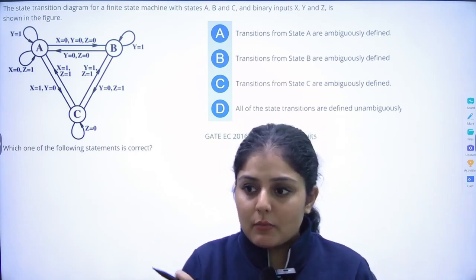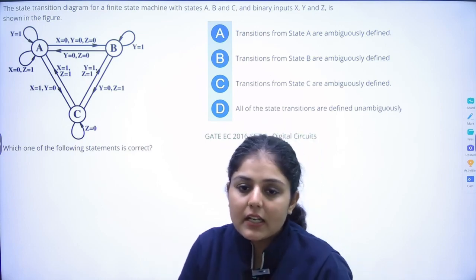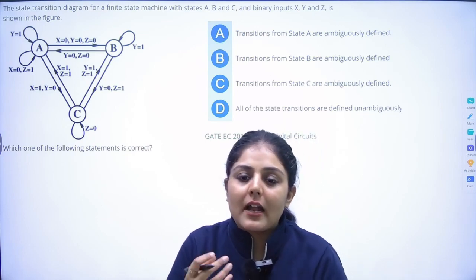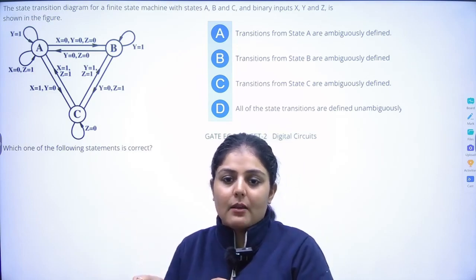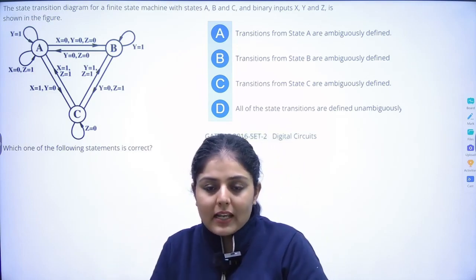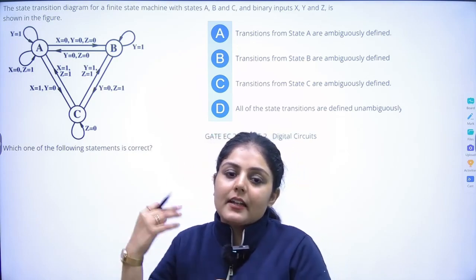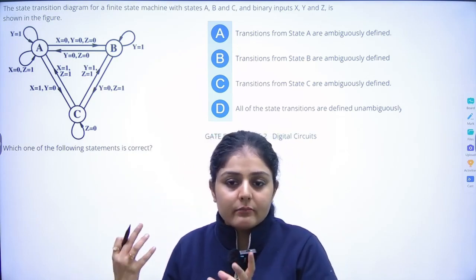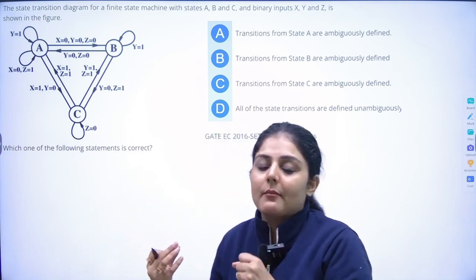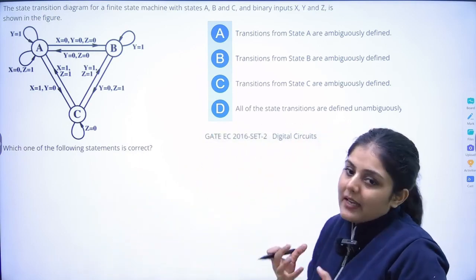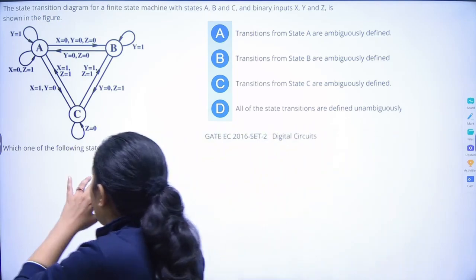When the transition is occurring, like at the same value of x, y and z, I am moving to state A and state C as well, both at the same time, right? So that is ambiguity.